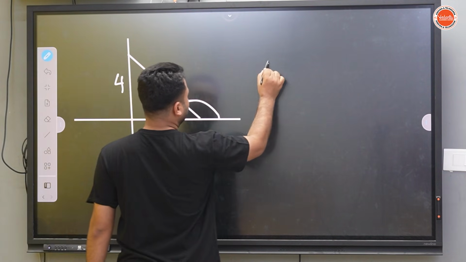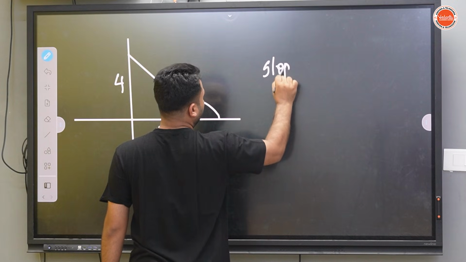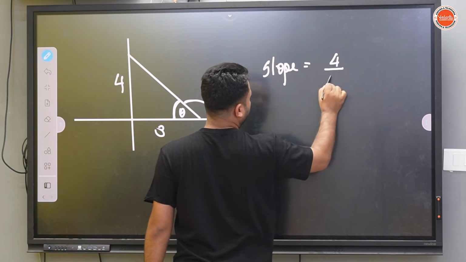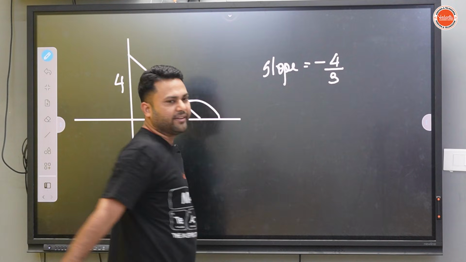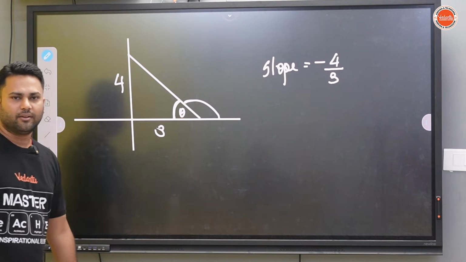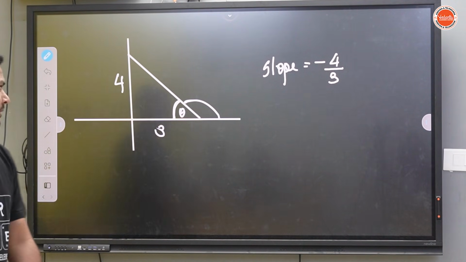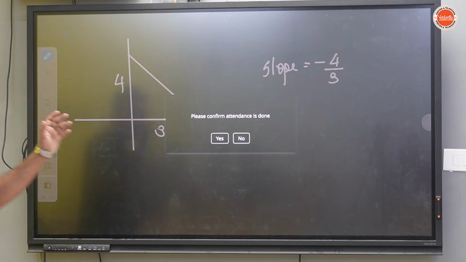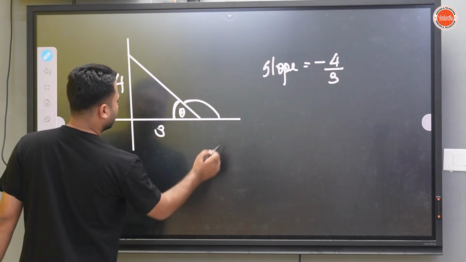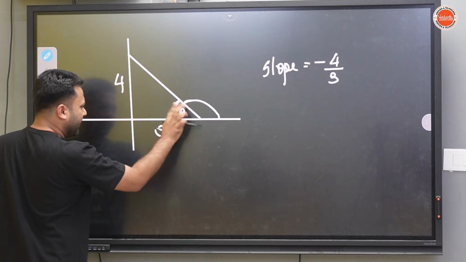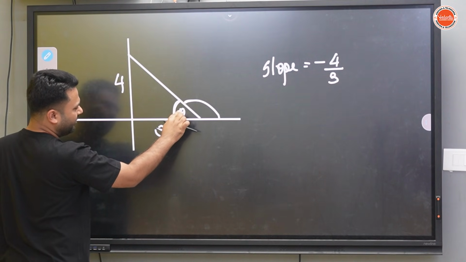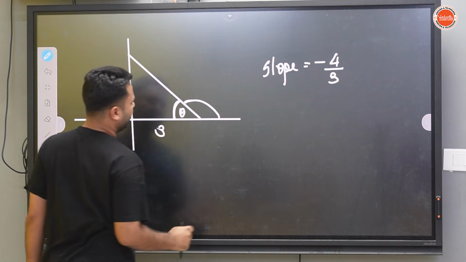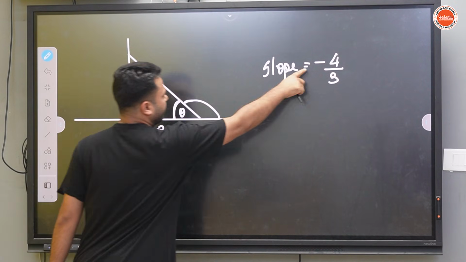So perpendicular is 4, base is 3, and also we will add one minus sign because slope is negative, correct? So write this example, very important. Whenever they have given a negative slope line, just take this acute angle only. Tan theta is perpendicular by base, 4 by 3, but slope will be negative, so I have written the minus sign.